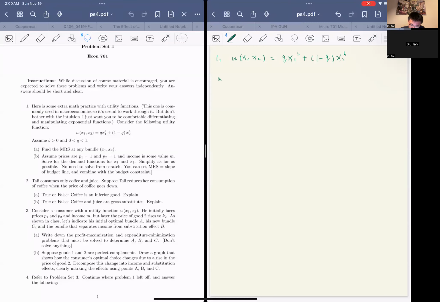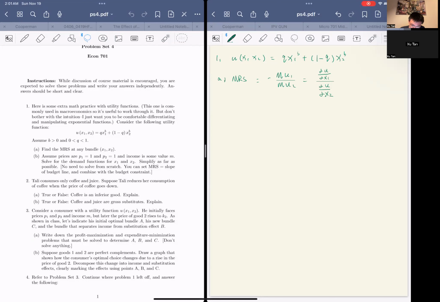Okay, so part A is asking about MRS. MRS is equal to negative MU1 over MU2, which is equal to du/dx1 over du/dx2.